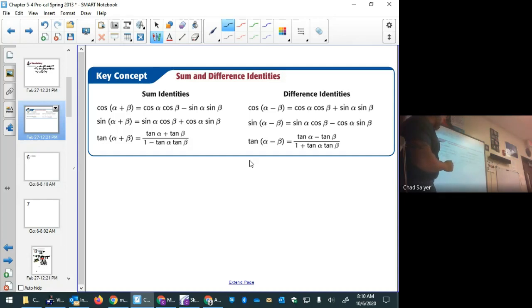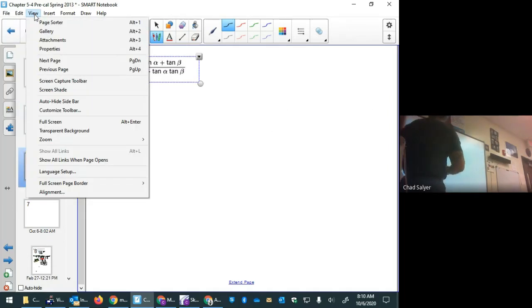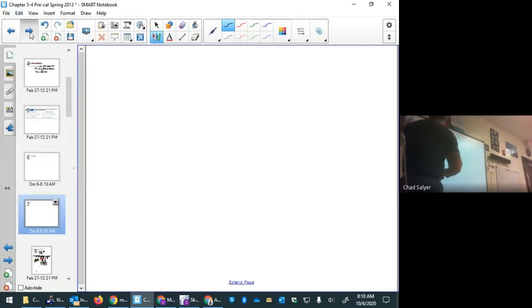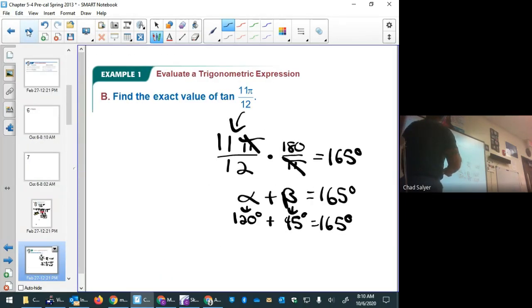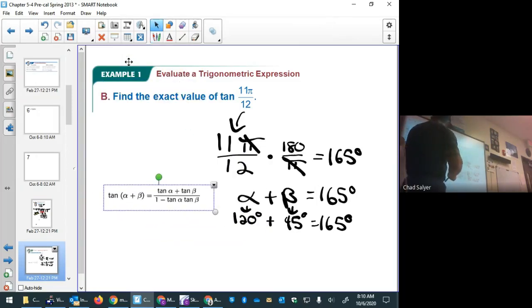So the symbol on top goes with the symbol on top, and the symbol on bottom goes with the symbol on bottom. That's the sheet that I attached to your 5-part 1 work. You'd think that would be intuitive, but sometimes it's not. Okay. So there's our formula that we want to plug this into.